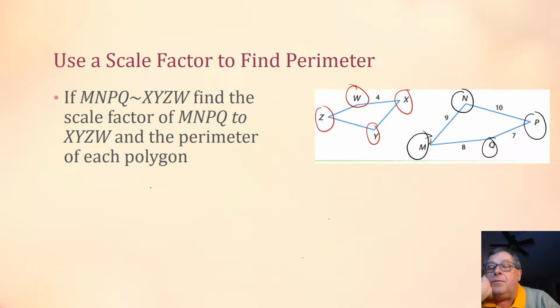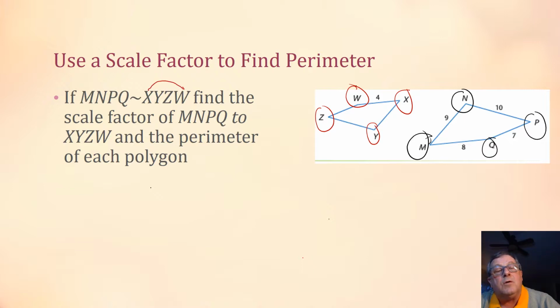All right, so over here on MNPQ, we have the length of all the sides, but on the polygon X, Y, Z, W, we only know one of the sides, which is the side WX.